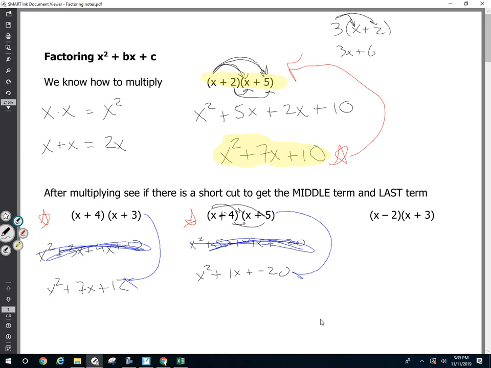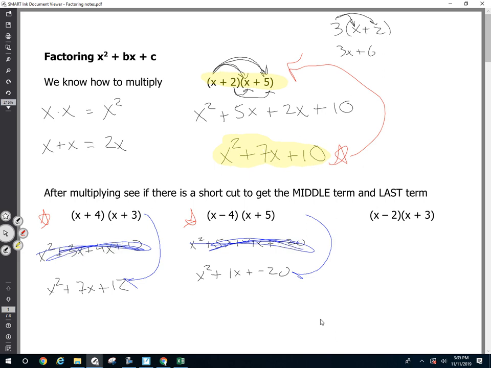Okay, so what is the pattern that emerged? The x goes to x squared. And then I basically just combined the negative 2 and 3, so you get 1. Okay, so you added negative 2 and 3, good, and that gave you the middle. Then I multiplied it. And you multiplied the negative 2 and 3, and it gave you the last term, right?